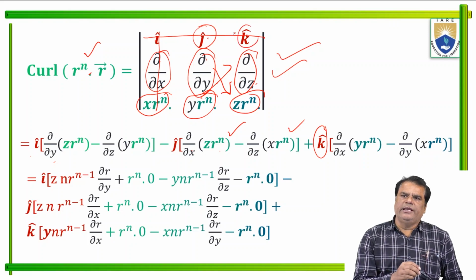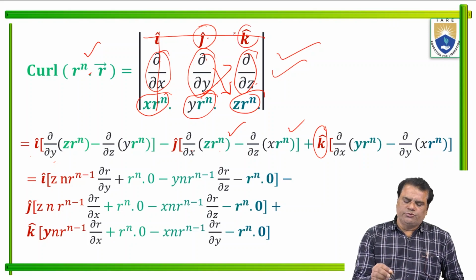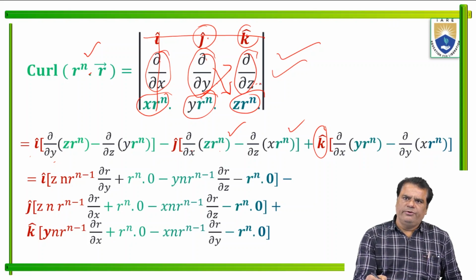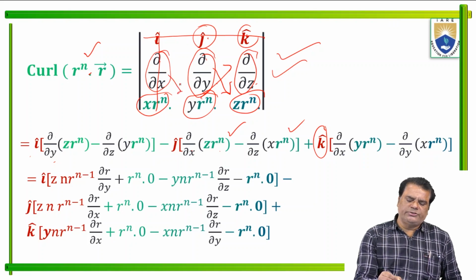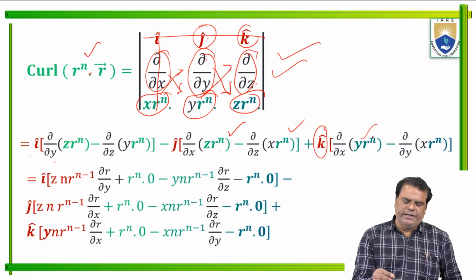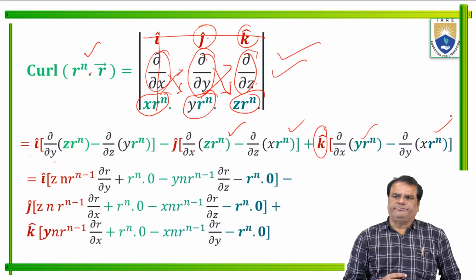Third element is k. So first row and third column eliminating first row and third column. Multiply this to this and to this. Then dou over dou x, y r to the power n minus dou over dou y, x r to the power n.